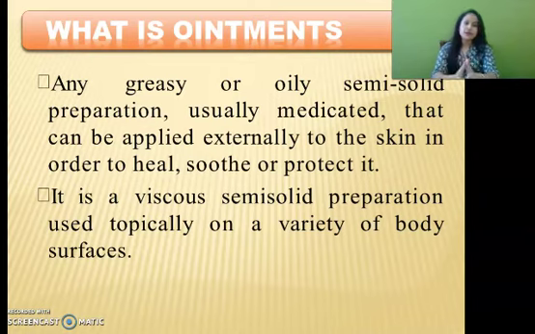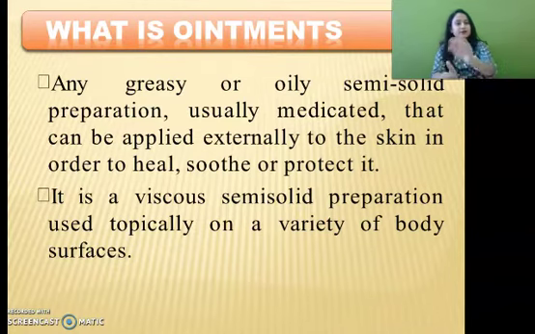What is ointment? Ointment is a semi-solid preparation meant for application to the skin or mucous membrane. In this preparation, the medicament is dissolved or suspended in an ointment base. The ointment base serves as a carrier for the medicament.